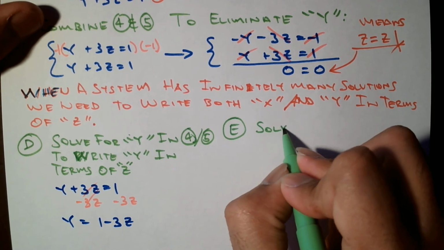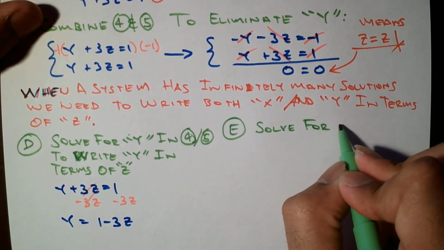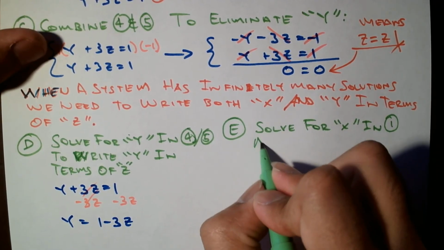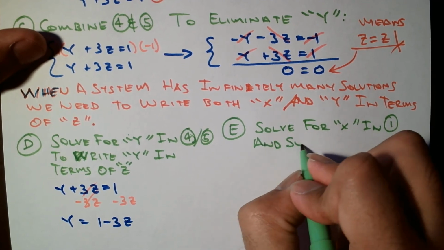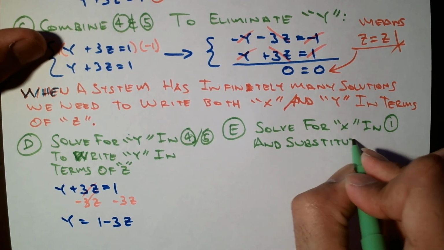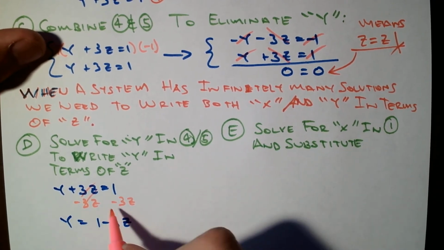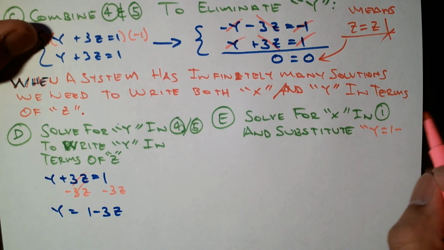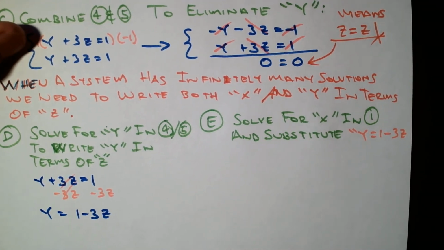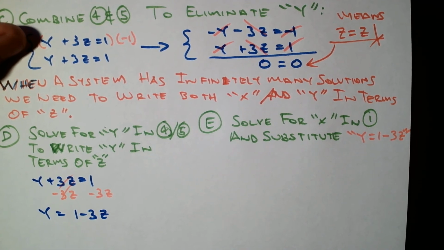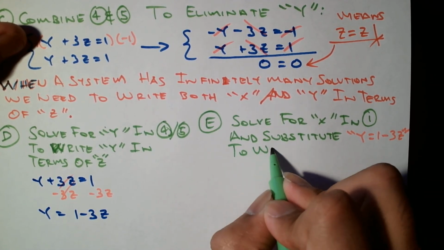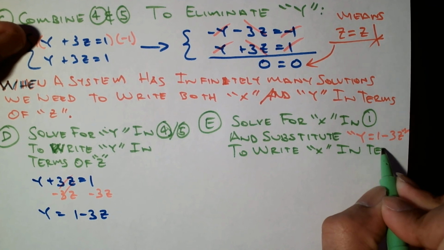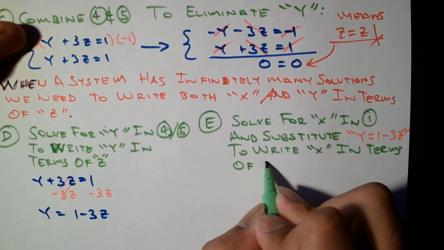So solve for x in 1 and substitute what we got over here, y equals 1 minus 3z, to write x in terms of z.